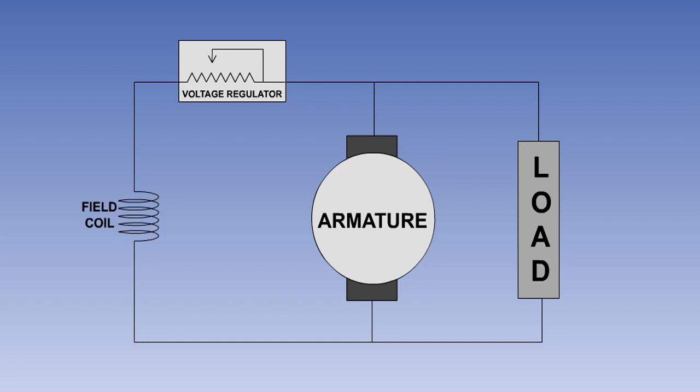In modern voltage regulators, the resistor is controlled by an electronic solid-state system. In older voltage regulators, the resistance in the field circuit is controlled electromechanically. The most common electromechanical system is the carbon pile voltage regulator.